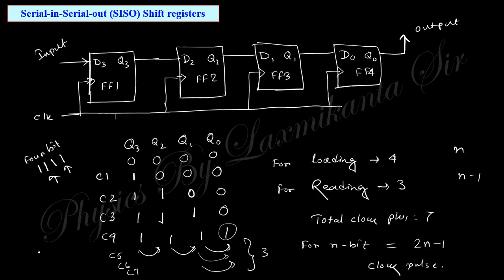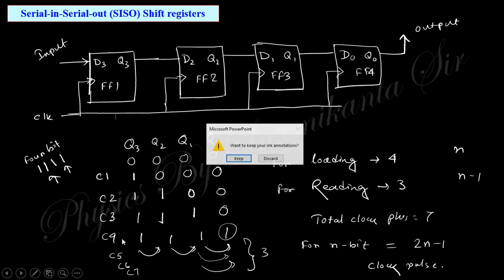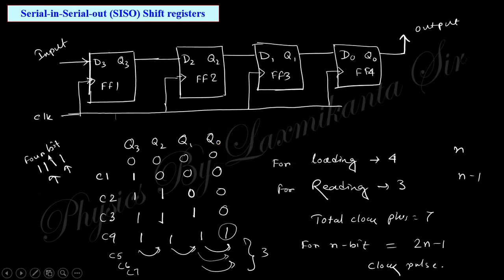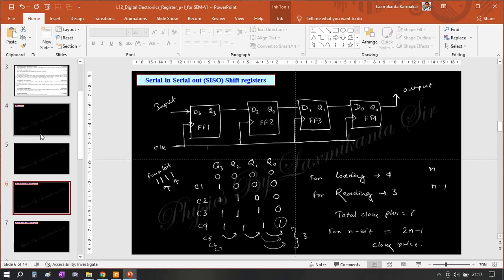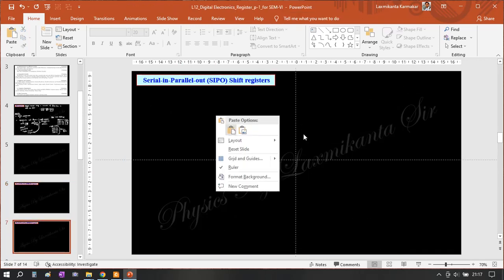Next is the serial in, parallel out. So you just take the serial in. So I just take the copy from here. Just copy paste. Serial in, parallel out, right?